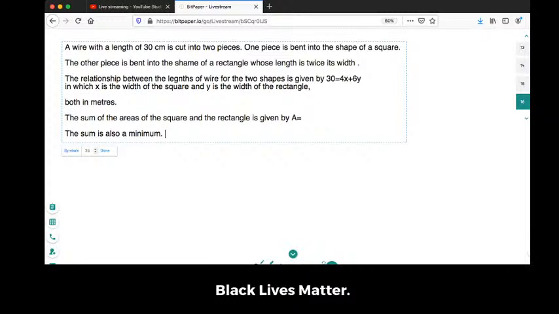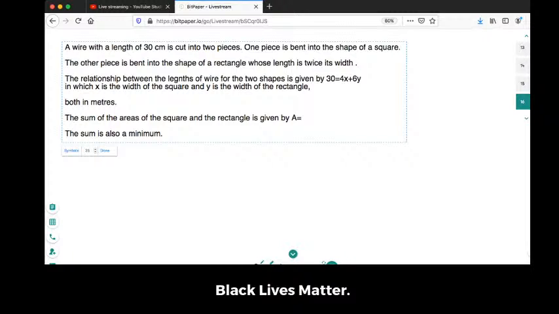Alrighty, let's take a look here. A wire with a length of 30 centimeters is cut into 2 pieces. One piece is bent into the shape of a square. The other piece is bent into the shape of a rectangle whose length is twice its width.